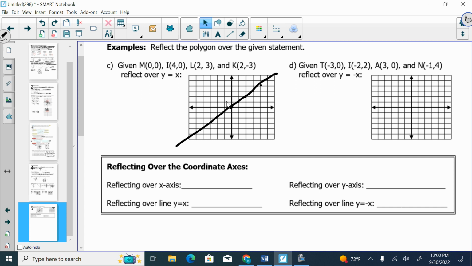Okay, so in this case, anytime I come up with a new point, I'm just flipping where the x's and y's are located. So my M prime, if I switch 0 and 0, it's still 0, 0. Okay, for my I prime, if I switch the x and y, what's the coordinate now? 0, 4. Good. And L prime would be 3, 2, and K prime would be negative 3, 2.